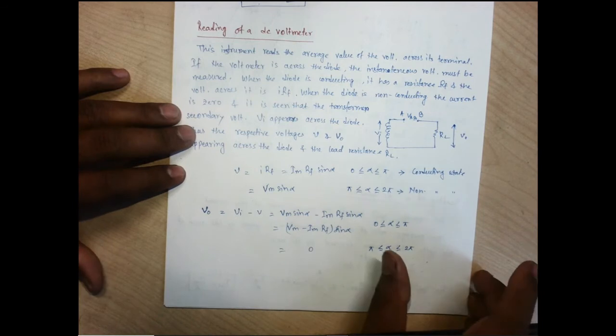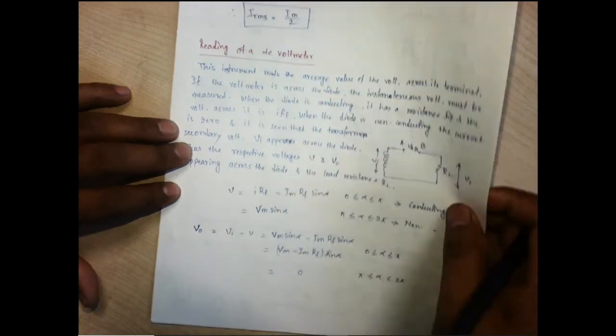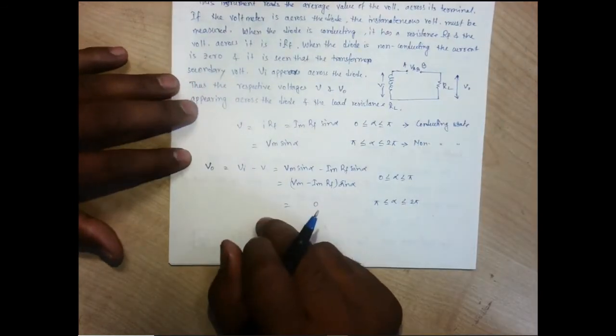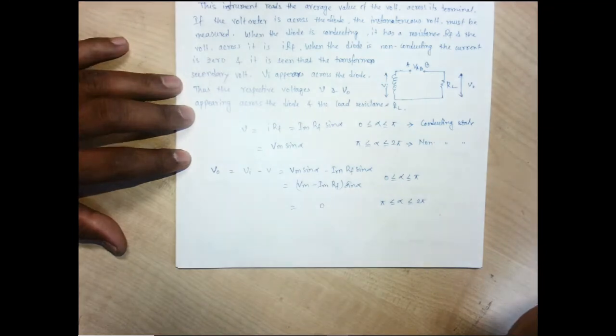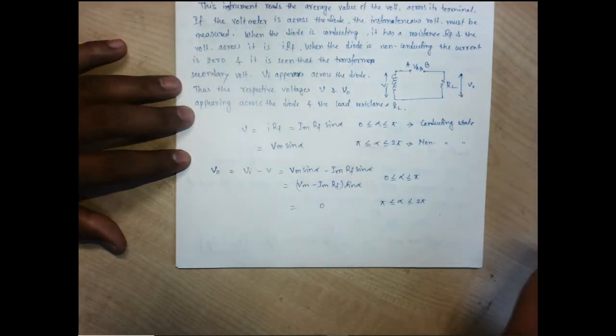Now let us plot this voltage output, because this is the voltage observed across the load, that is the output voltage. So now you will find the reason why I have not plotted that initial plot with respect to this voltage.